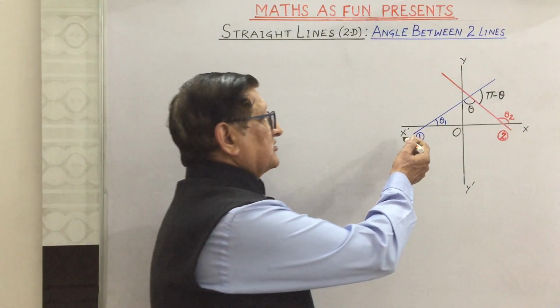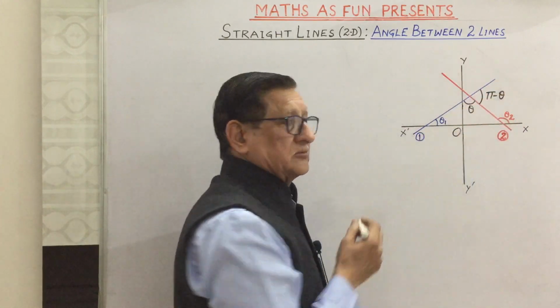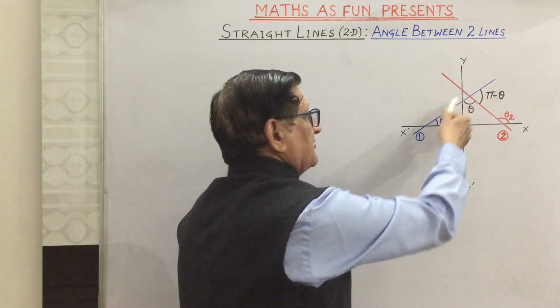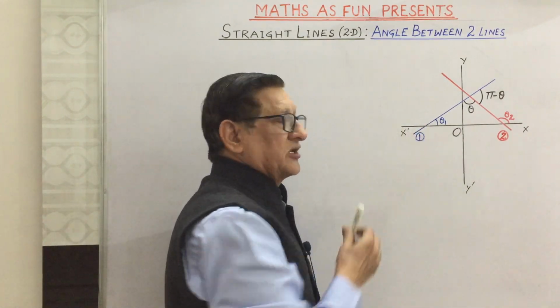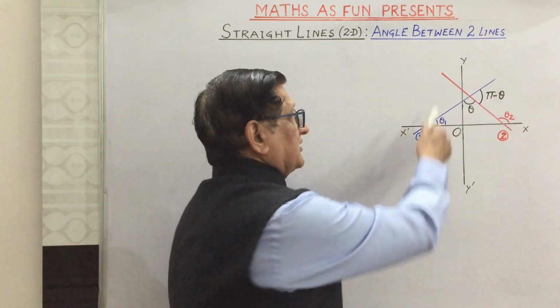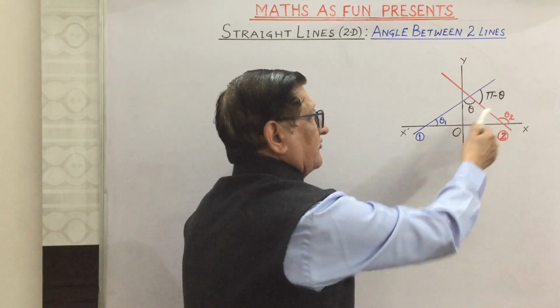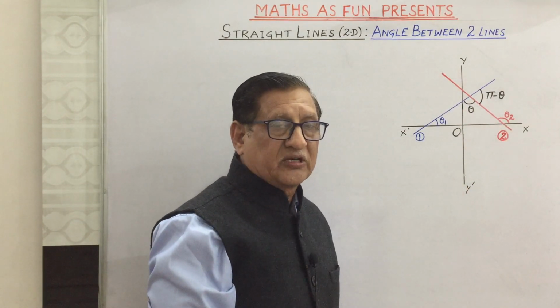See, when we see any two lines, suppose one of the lines is making an angle theta 1 with the positive direction of x-axis and the other line is making an angle of theta 2 with the positive direction of x-axis.